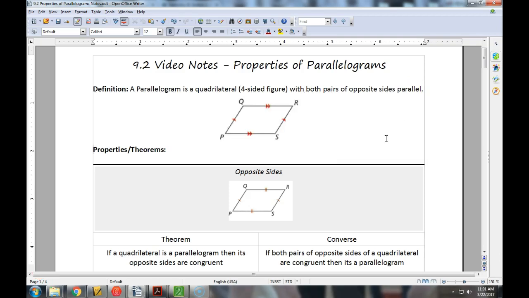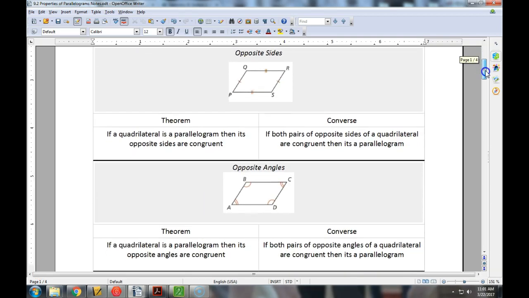Let's start hammering these, talk about them quickly, and then we'll use them when we solve the problems.